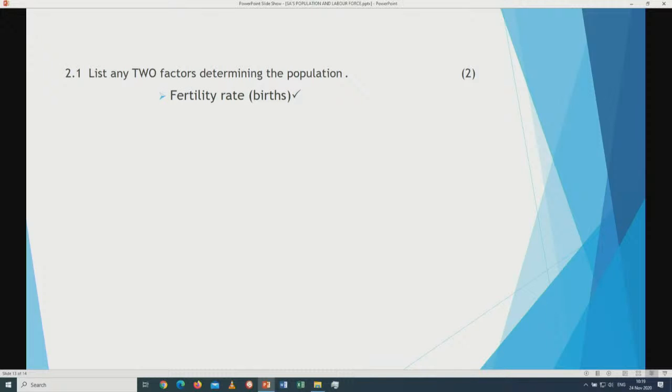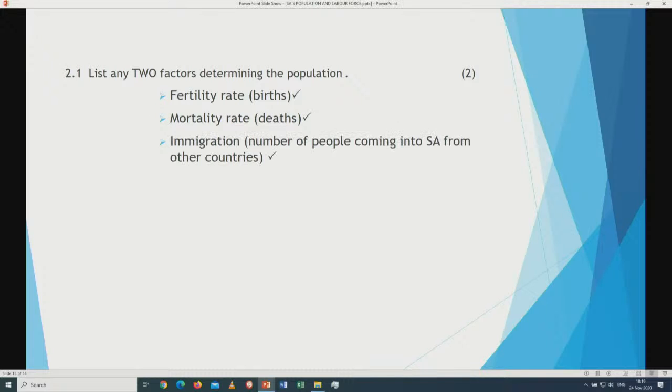Those factors are, number 1, fertility rate. We've talked about it. Number 2, mortality rate or deaths. Number 3, immigration, the number of people coming into South Africa from other countries. And the last one, emigration, number of South Africans leaving South Africa permanently. So these are the factors influencing the population.